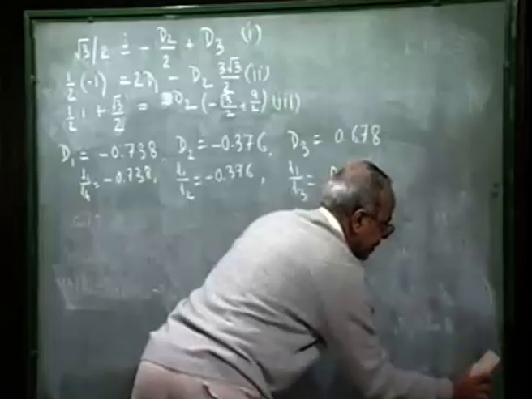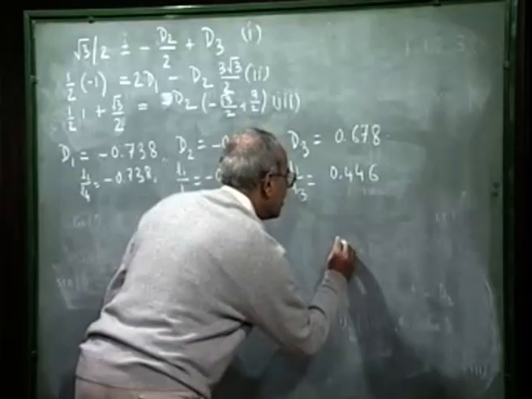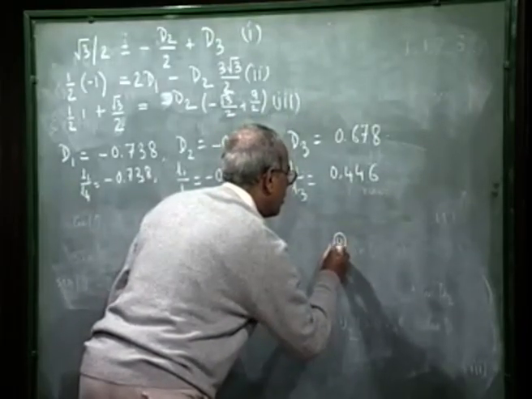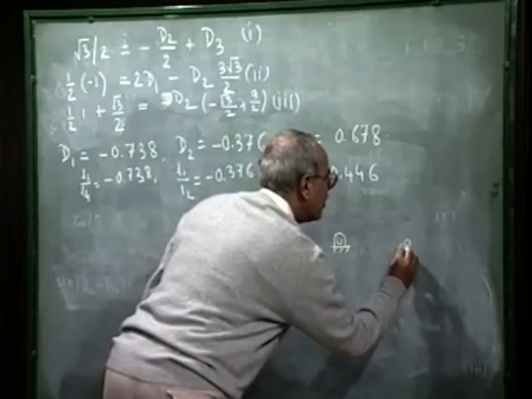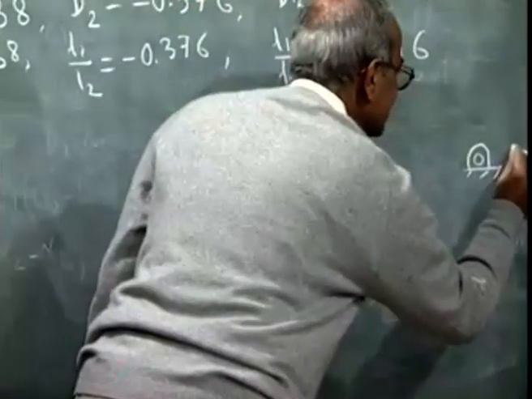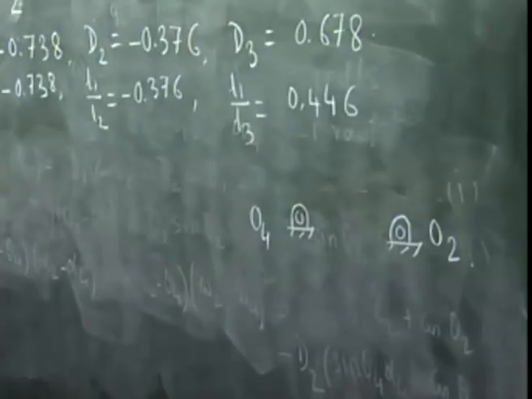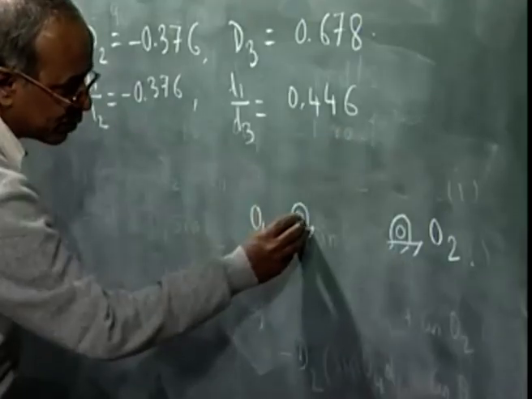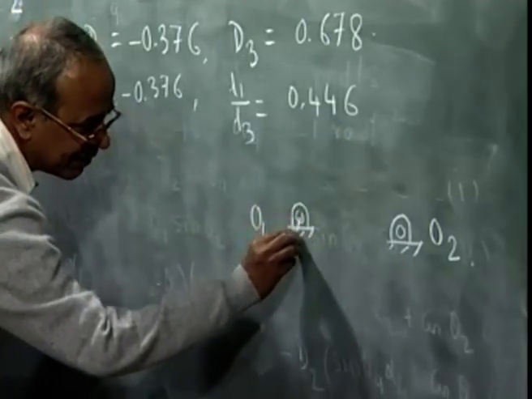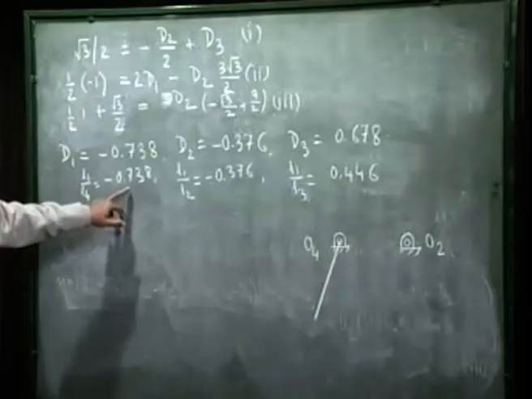Now, if we draw this mechanism at this particular configuration, what we see is that this is O4 and this is O2. Theta 4 was 60 degree, but L4 has turned out to be negative, so I have to draw it at 240 degree. This is L4, which is negative.